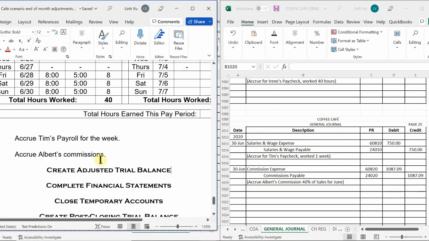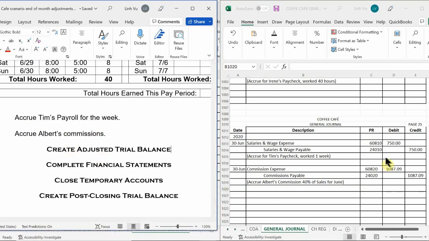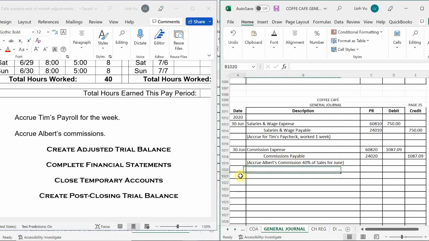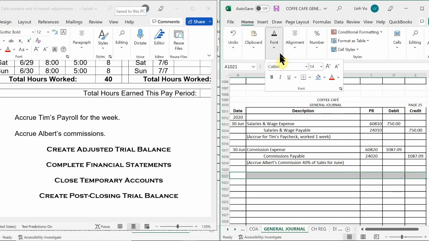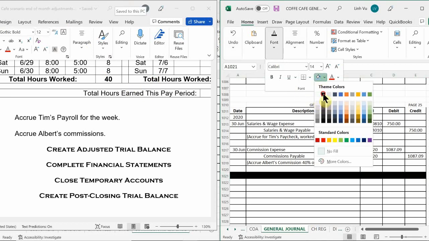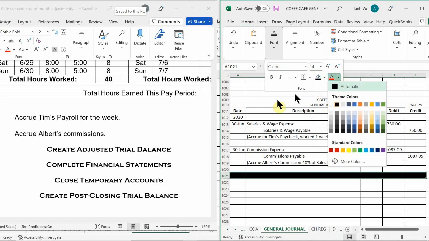And because we know that's the very last transaction of the whole entire adjustments, I'm going to put in my little black bar here so I can differentiate between the transactions, that this one has been completed.